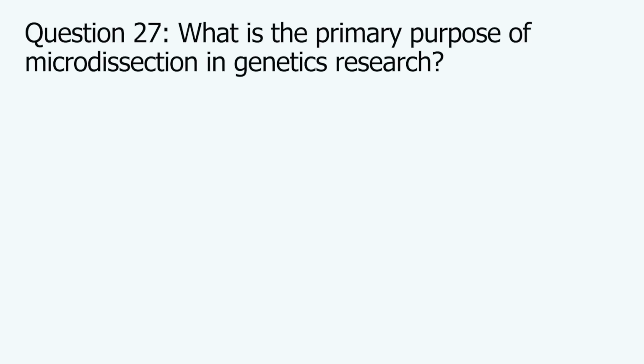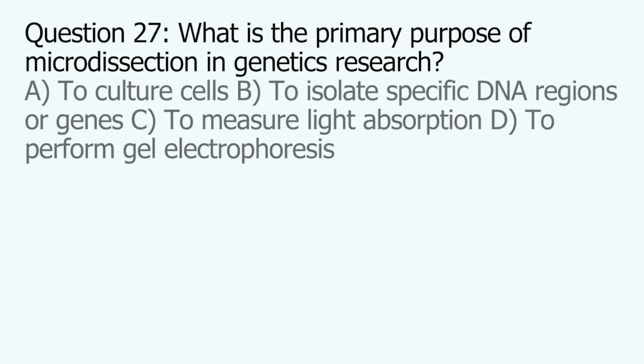Question 27. What is the primary purpose of microdissection in genetics research? A. To culture cells. B. To isolate specific DNA regions or genes. C. To measure light absorption. D. To perform gel electrophoresis.